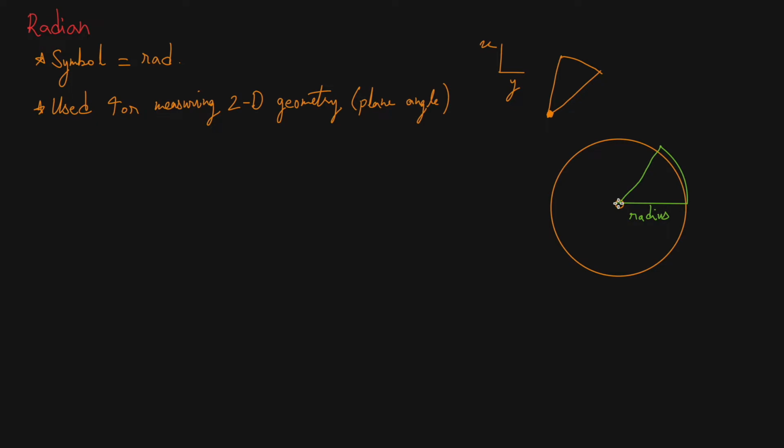Now we intersect it again in the center. So this section here will be known as 1 radian. We take another color here, red. So this whole section that we took will be 1 radian.